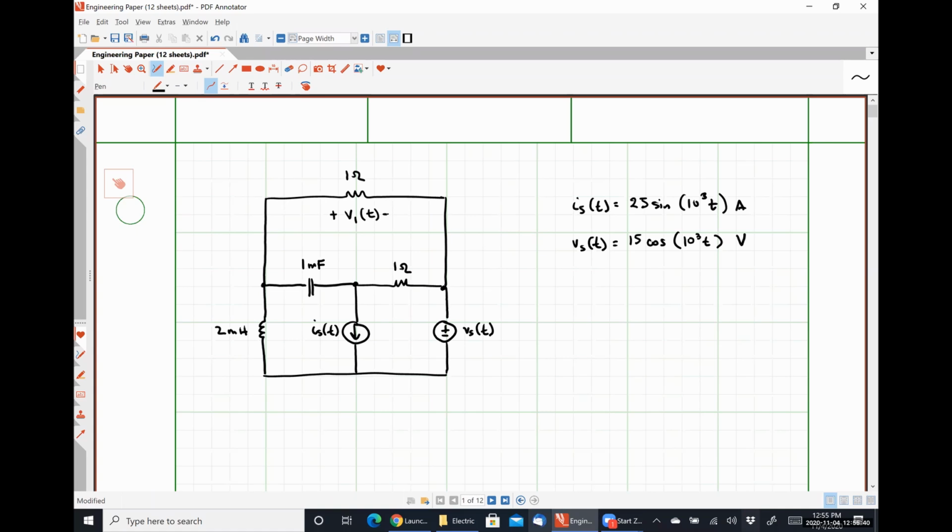So what do I need to do first? Convert the circuit, absolutely.